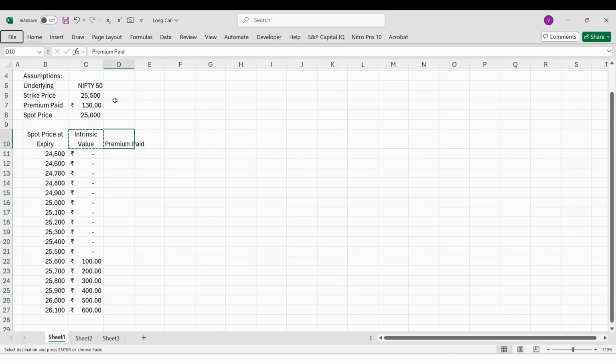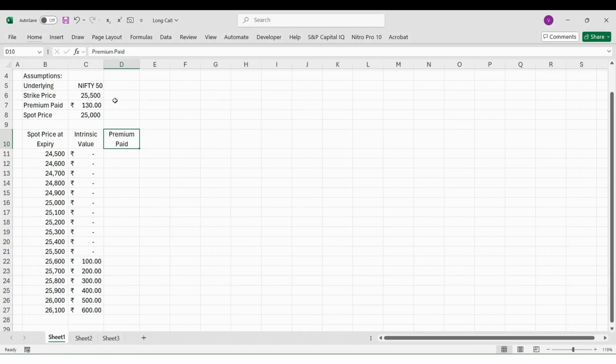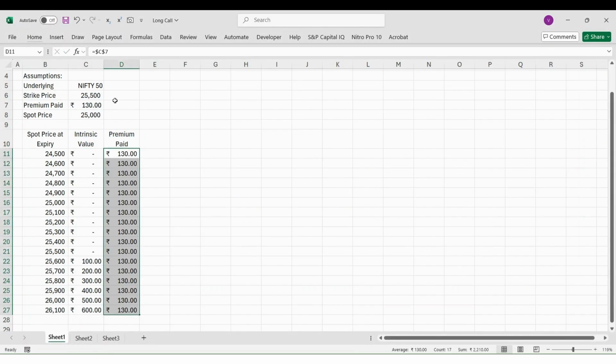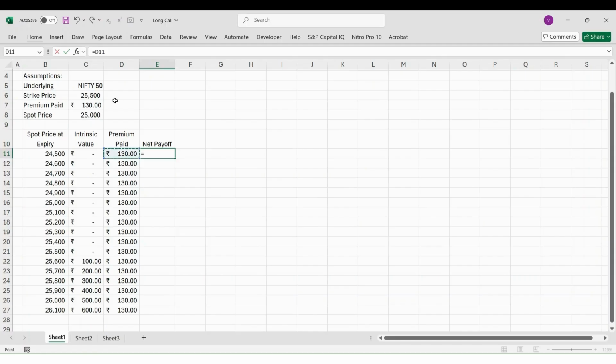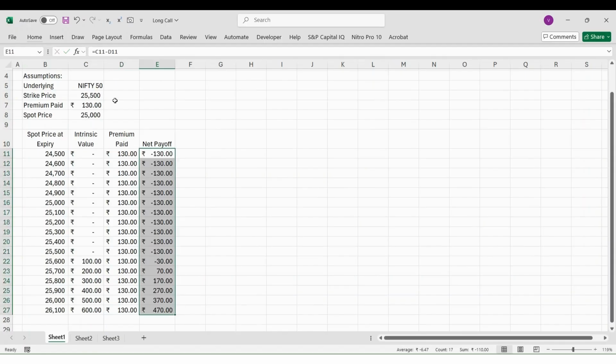I have to pay a premium to play this game, and that premium is 130 rupees, which means my net payoff from a long call strategy is intrinsic value minus the premium paid. Initially, I'll make 130 rupees of losses. I'll gradually recover my loss as Nifty moves above my strike price, and then I will move to a larger profit.